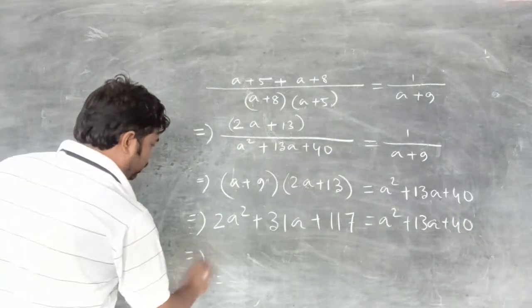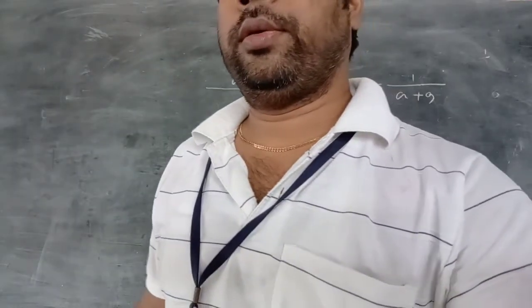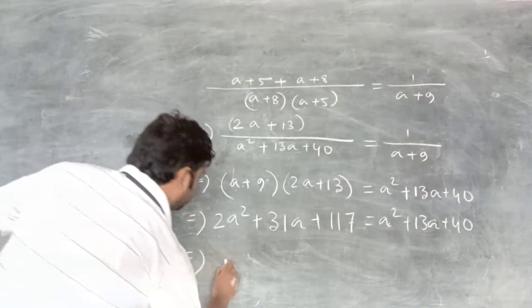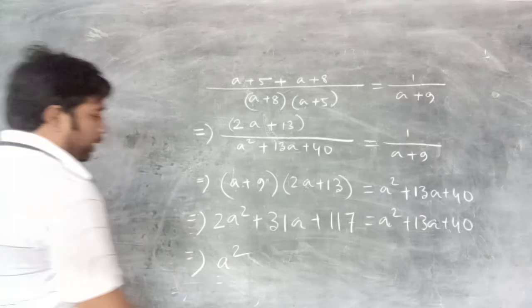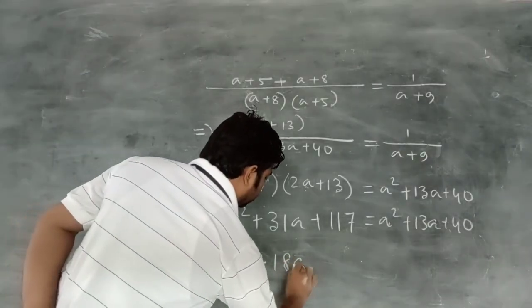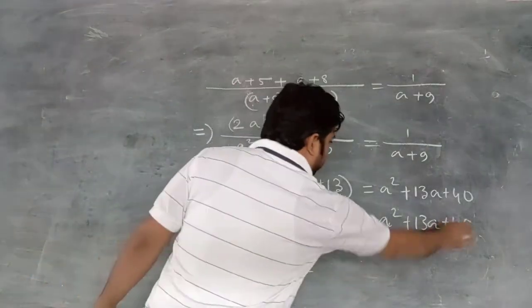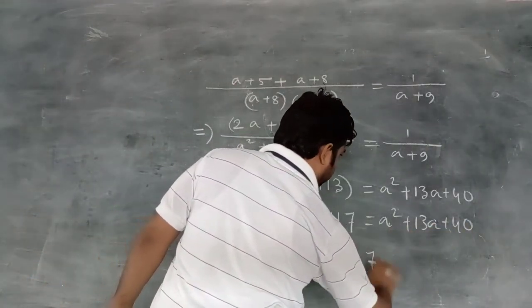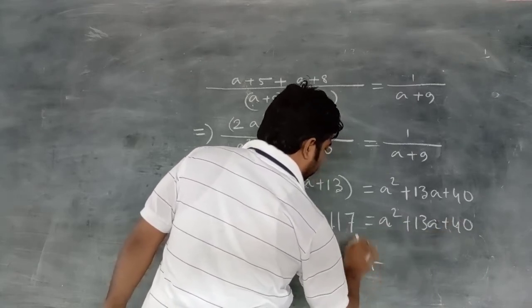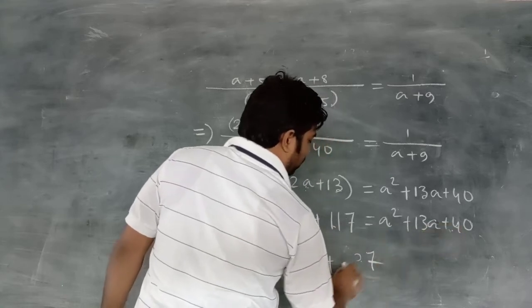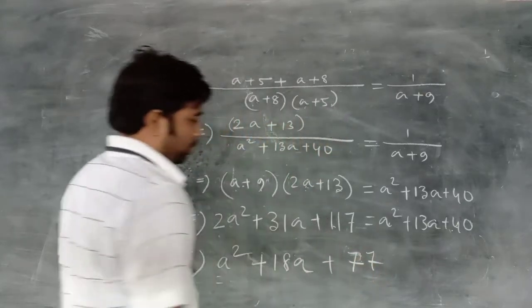So what shall we get? 2a square. If we shift a square here, twice a square minus a square is only a square. Next 31a minus 13a, that is plus 18a. 117 minus 40 is 77.